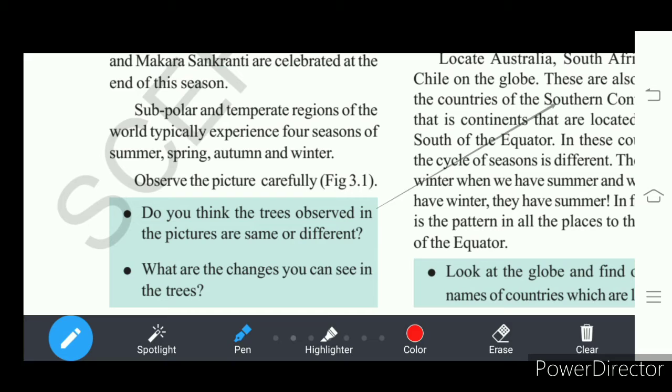One is the tropical zone, the second is the temperate zone, the third is the polar region, right? After the tropical zone, the next comes the temperate zone.